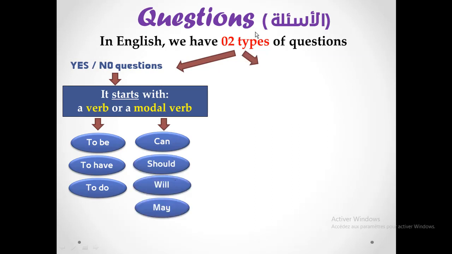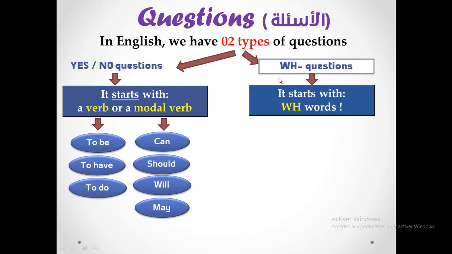The second type is WH questions. WH questions, it starts with WH words. WH word like what. We have WH at the start. This is what we say WH words. So what is used to ask about information? Like what is your name?